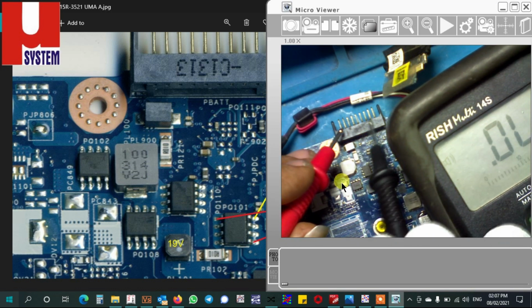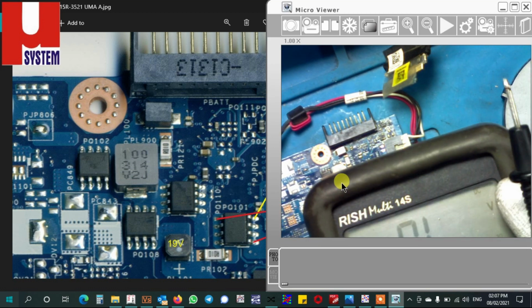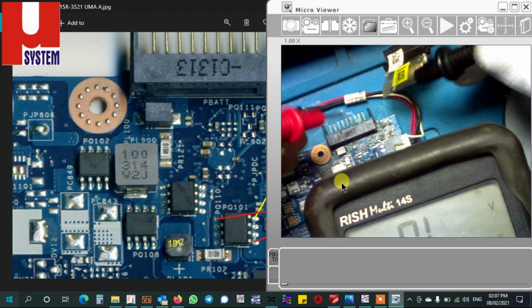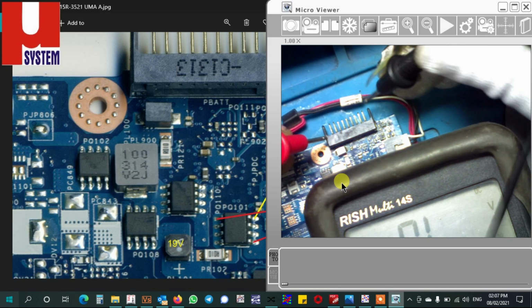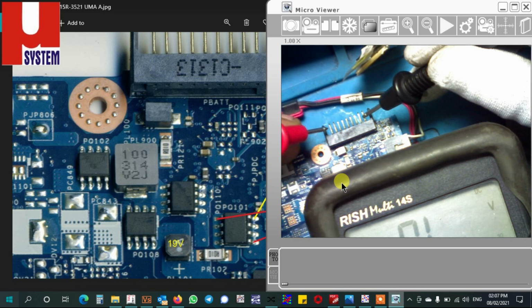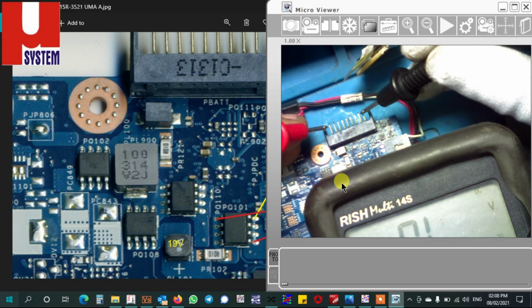So this is the pins. This is 8 and 9, and this is 1 and 2. Sorry, this is 8 and 9, this is 8 and 9, and this is 1 and 2.